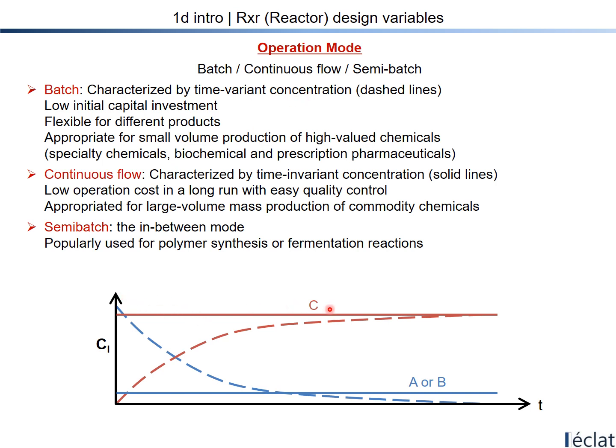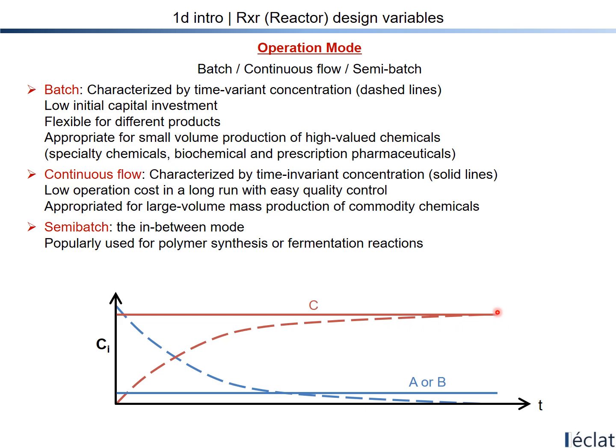We have some concentration profiles. The x-axis is the time, the y-axis is the concentration of reactants and product. In the batch mode, the concentration of reactants like A and B would decrease along time, and at the same time, the concentration of the product C goes up and increases along time.